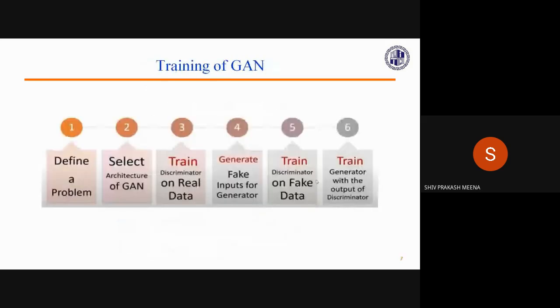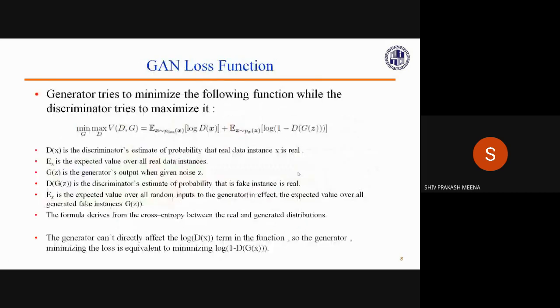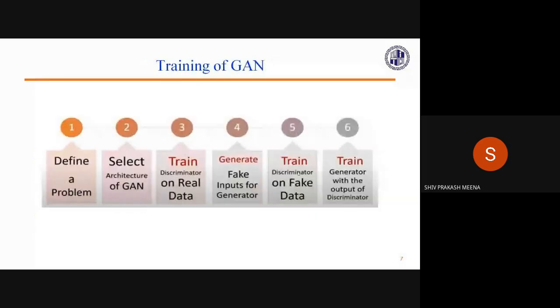In the fourth step, we pass our fake data or noise into our generator. The generator generates an image or fake data.